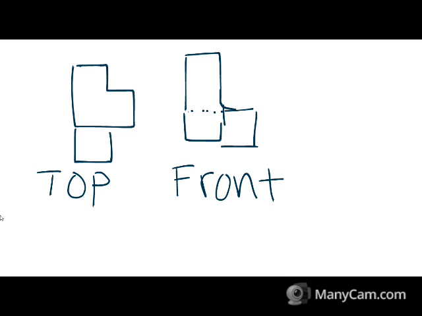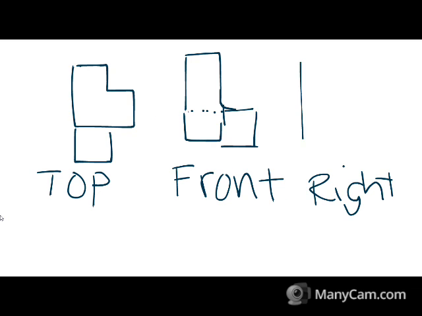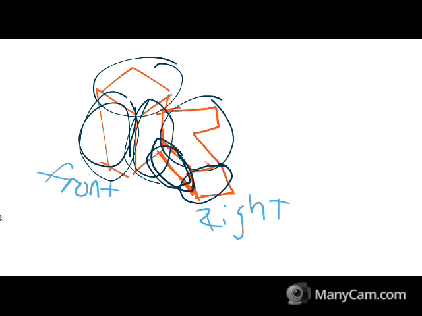And the last view is the right. From the right view you see this long rectangle right here, and you have the two squares, one right here, and just a square right here.